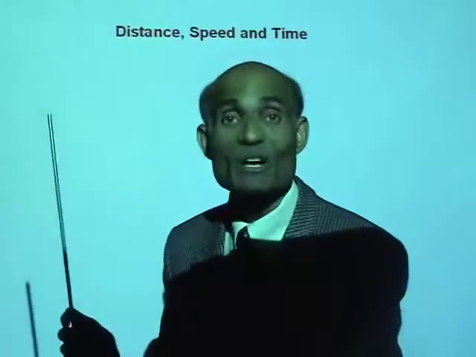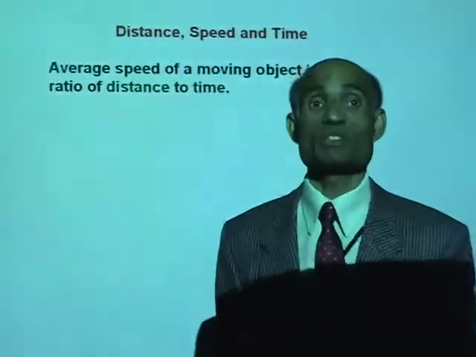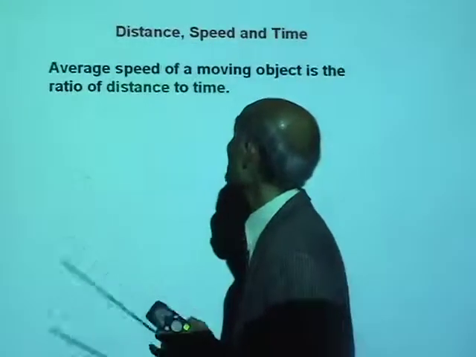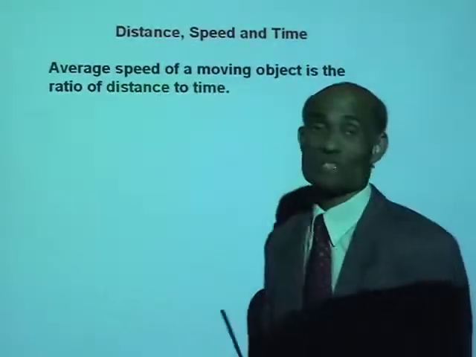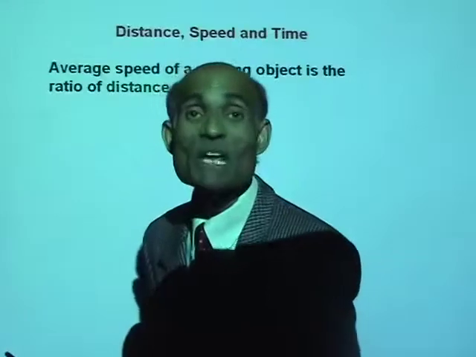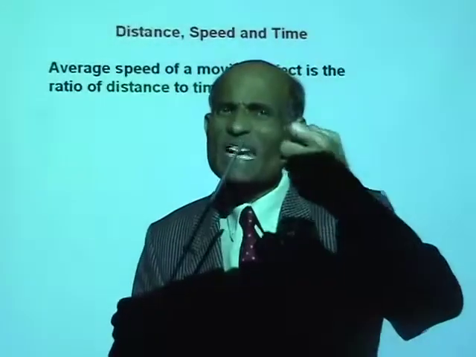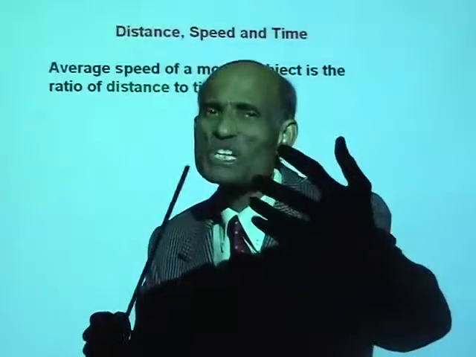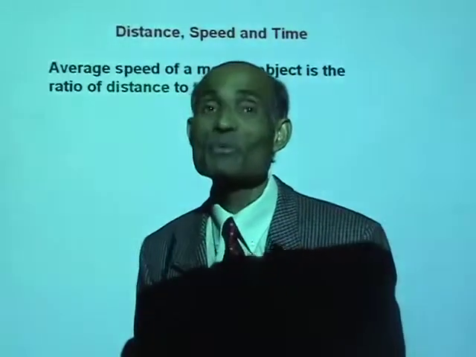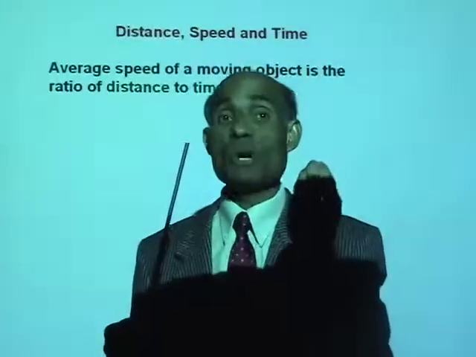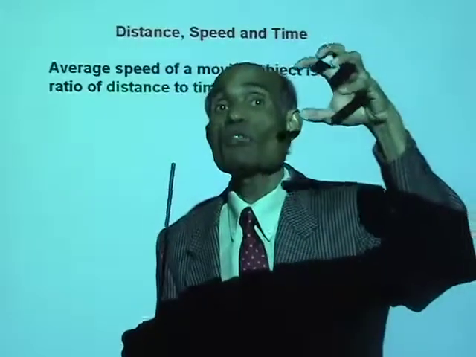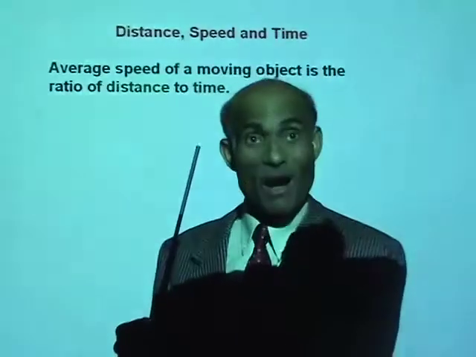Alright, let's write down a couple of equations to learn this. Average speed of a moving object. What is the meaning of speed? Speed is the rate at which distance is covered. In other words, speed is the ratio of distance to time.